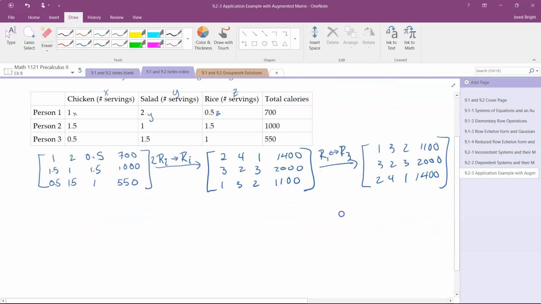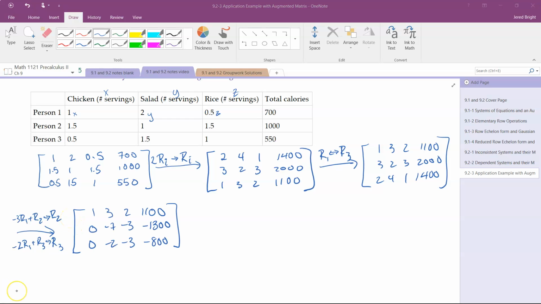Okay, continuing to solve this, now I can really begin Gaussian elimination. Take -3 row 1 plus row 2 into row 2, and -2 row 1 plus row 3 into row 3. Doing that, we obtain the matrix. And there it is. Alright.